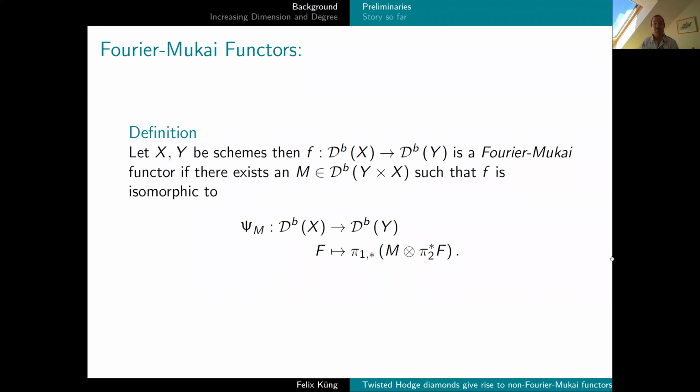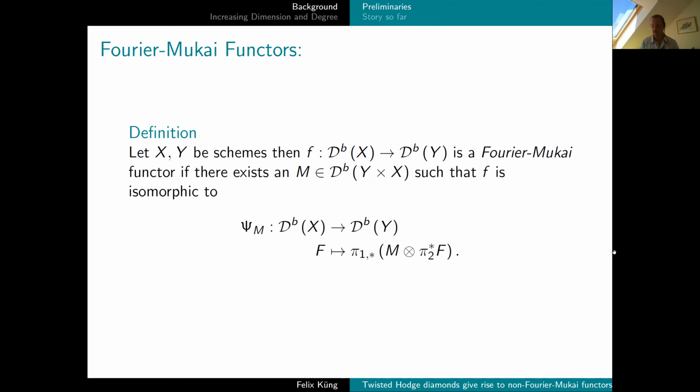The really cool part about this is that nearly all, well, I actually think all of the functors you know are Fourier-Mukai. For example, direct images, pullbacks, shifts, tensor products are Fourier-Mukai, and essentially all the functors that one usually encounters in algebraic geometry are Fourier-Mukai.